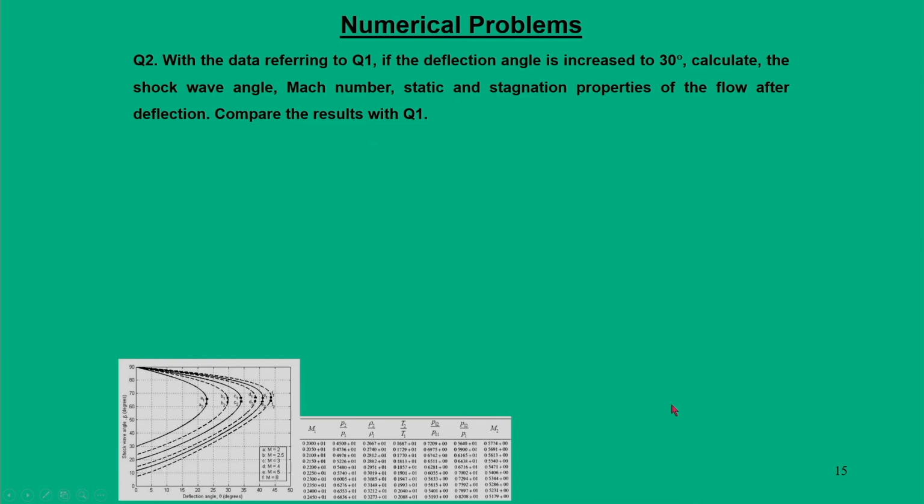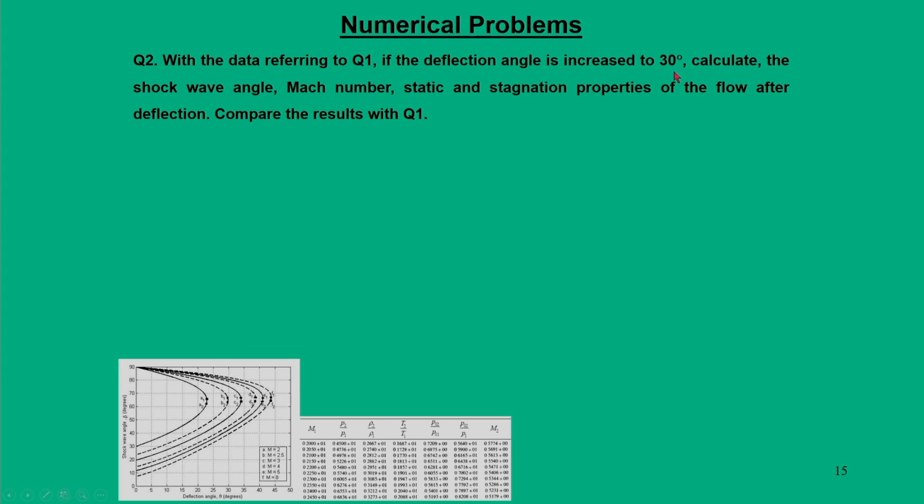Now, the next question is that here you have to give emphasis to the effect of Mach number and flow deflection angle. For the same data referring to question 1, that means the same M1, the flow deflection angle is now increased to 30 degree.